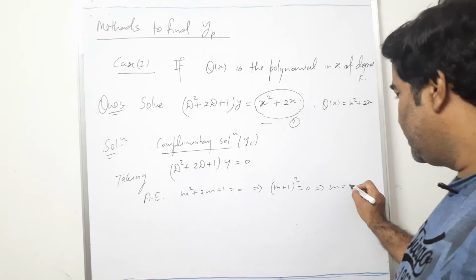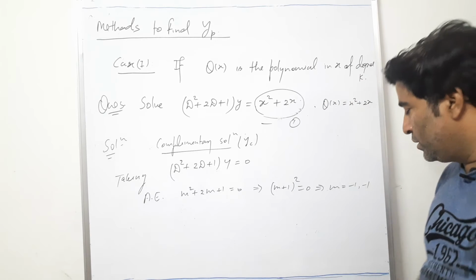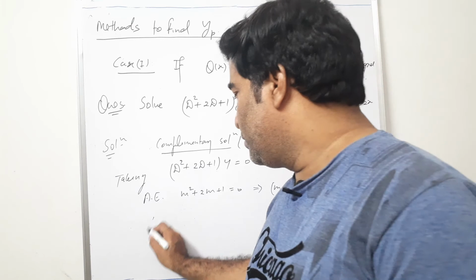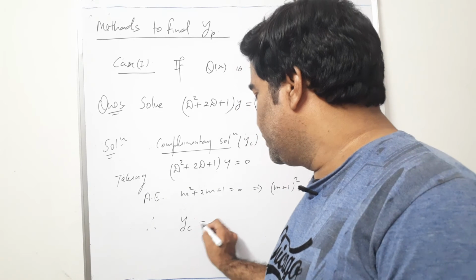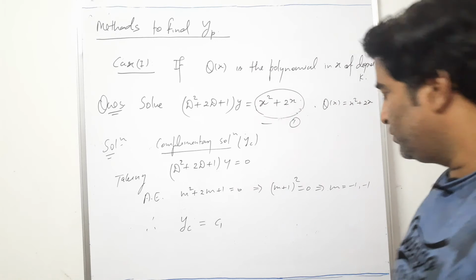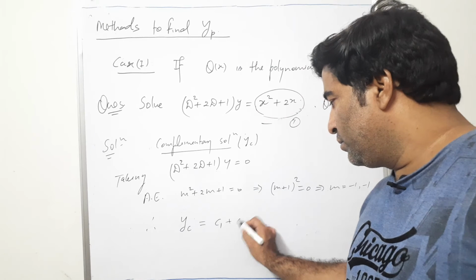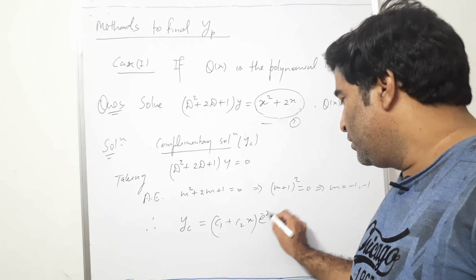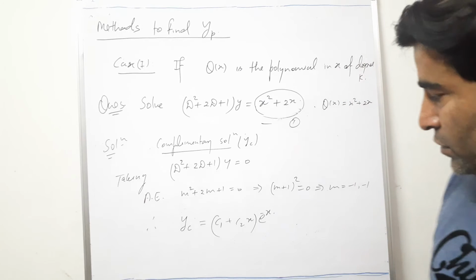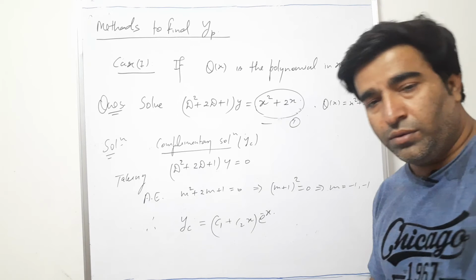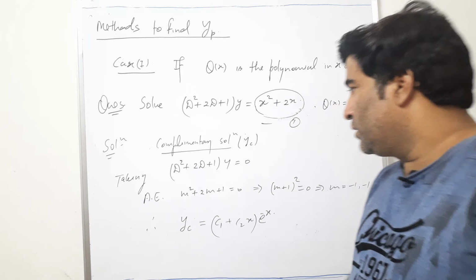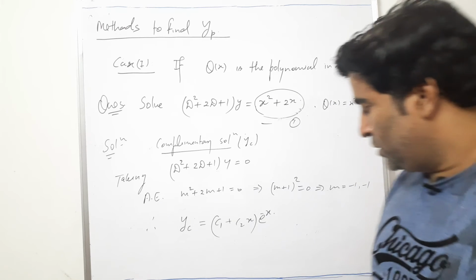This implies that the roots of this equation are -1 and -1. Therefore, the complementary function, since we have a repeated root, will be (c1 plus c2 x) e to the power -x. Now we find a particular solution.